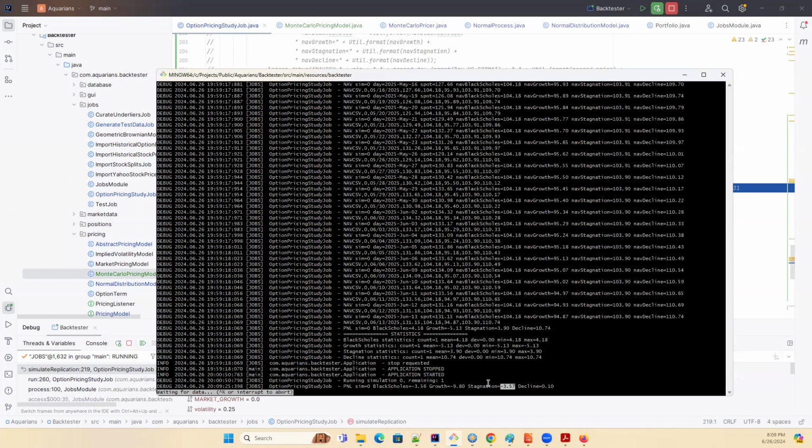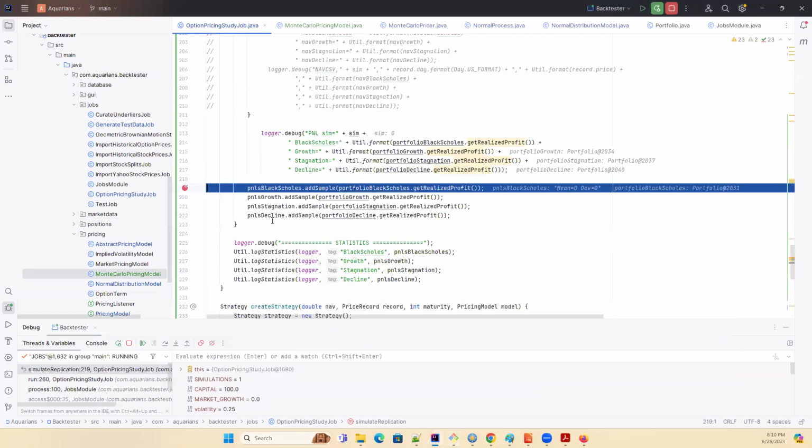The Monte Carlo, the expectation model using a drift of 0, has essentially the same results. And if we use a higher drift than the market, we lose more money. If we use a lesser drift than the market, we lose less money, so we make some money in this simulation.